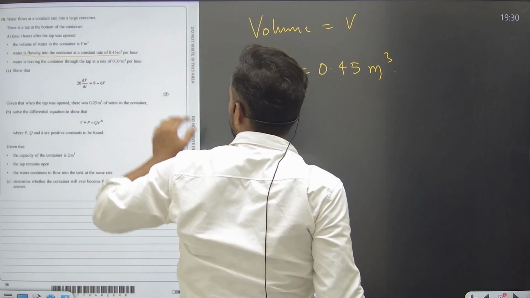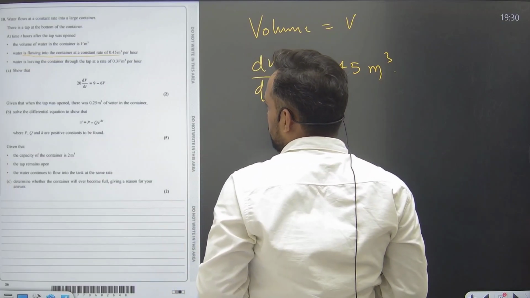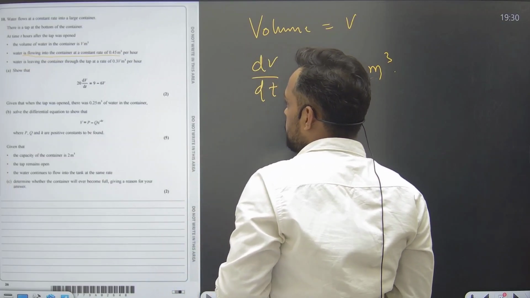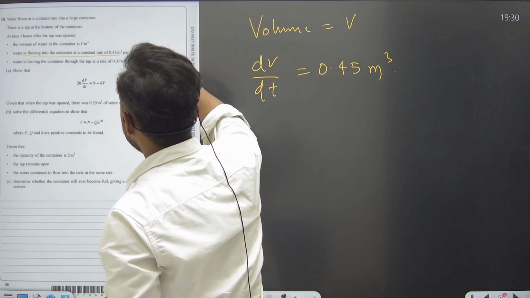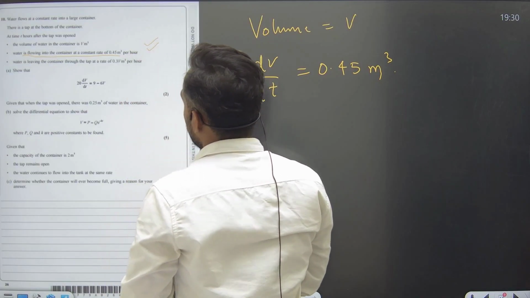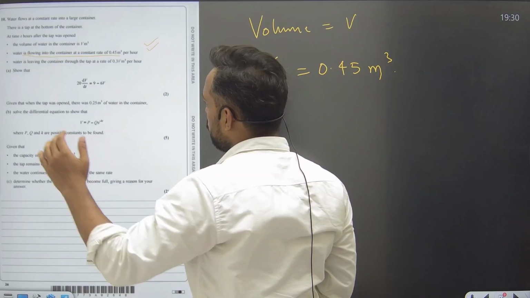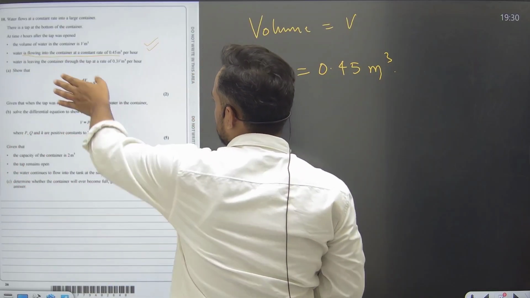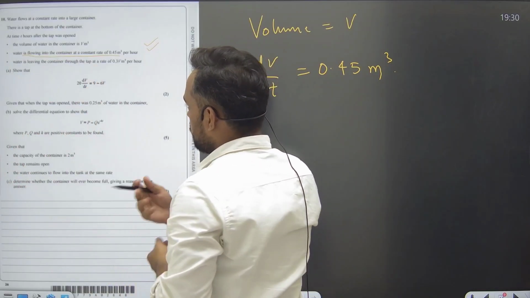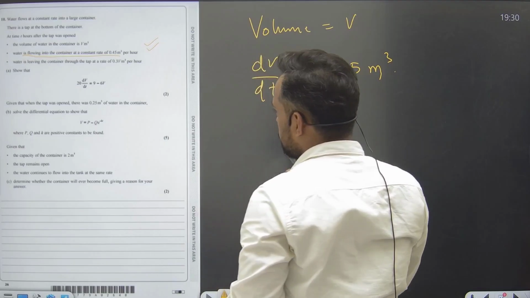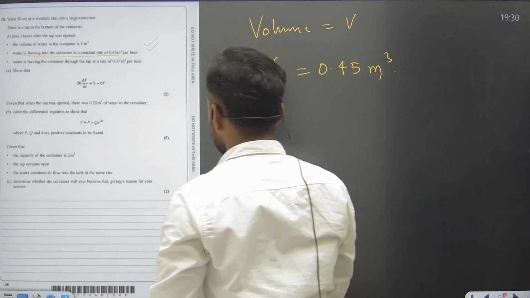Water is leaving the container through the tap at a rate of 0.3V meter cube. This is the constant rate at which the water is flowing into the container, and this is the rate at which the water is leaving the container.